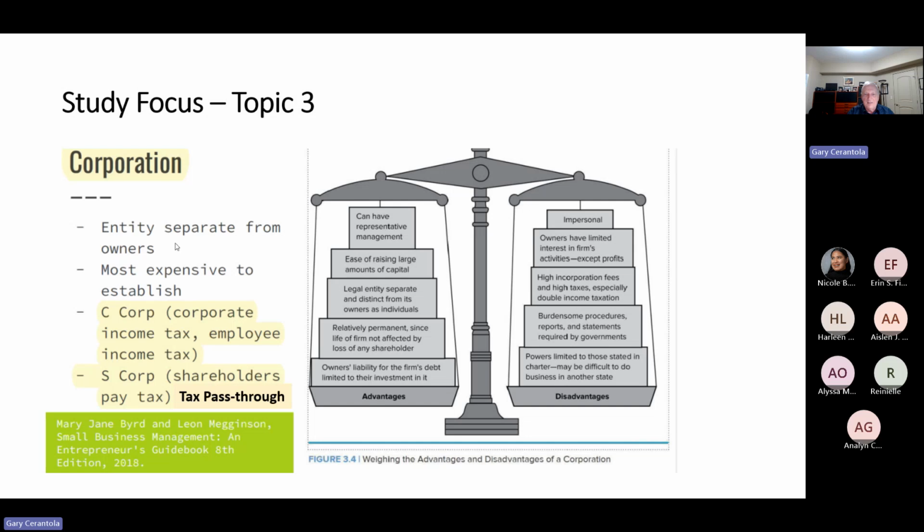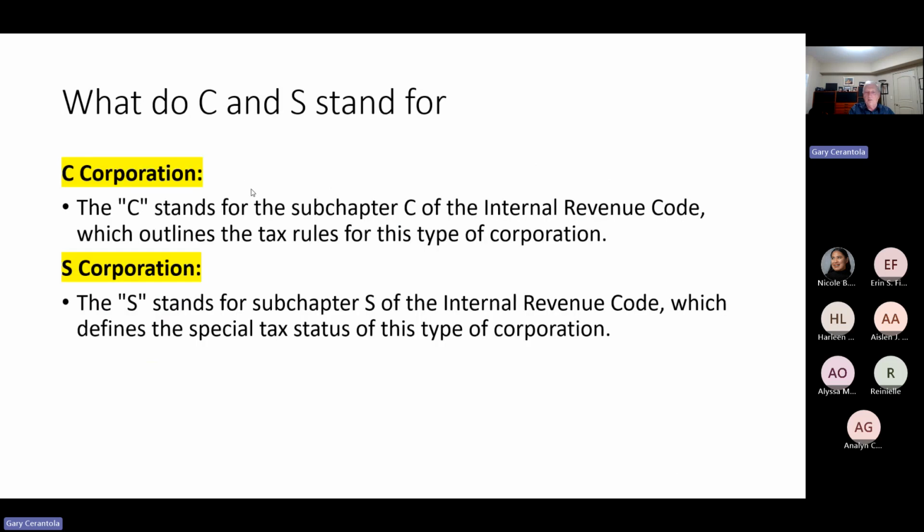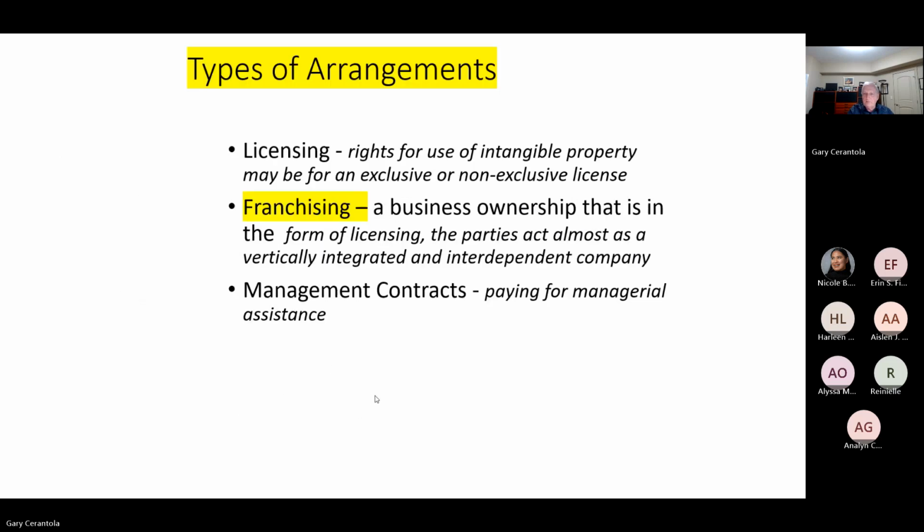All right, but the thing is that in a corporation, you can really improve the liability situation where they can't come after you as a person of the business. So here's a little more about C corporation and S corporation, for your benefit. And again, you can see that it's highlighted, all right?